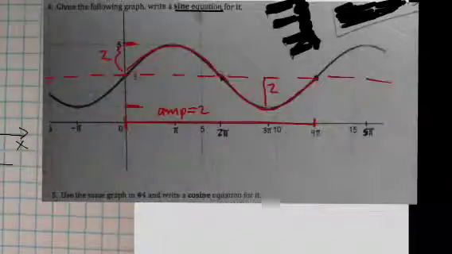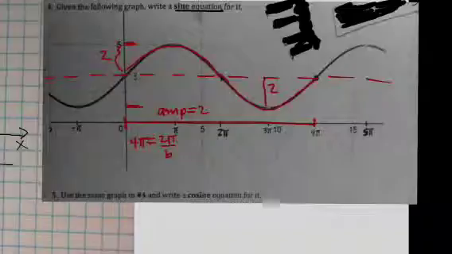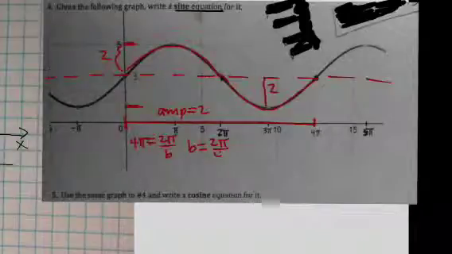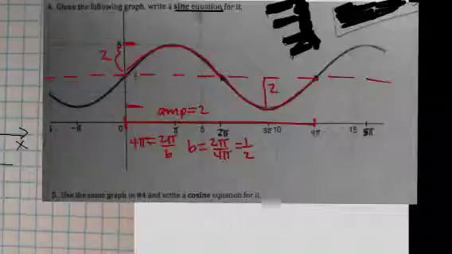So it's 4 pi. So 4 pi equals 2 pi over b, the period. Well, remember we solve for b, so we end up with b equals 2 pi over 4 pi, which is a half. So b is a half.